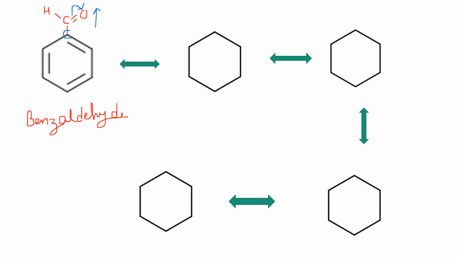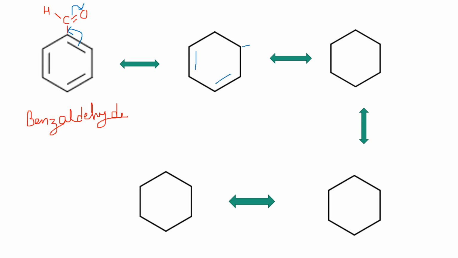So as we had drawn the resonating structures in the previous slide using NO2, in the same way we are going to do it here. So I'll just remove this and let us start the resonating structures. So this has shifted here. Simultaneously, this electron density will shift between the carbon of benzene to which CHO is attached and the carbon of CHO, and these two are as they are.